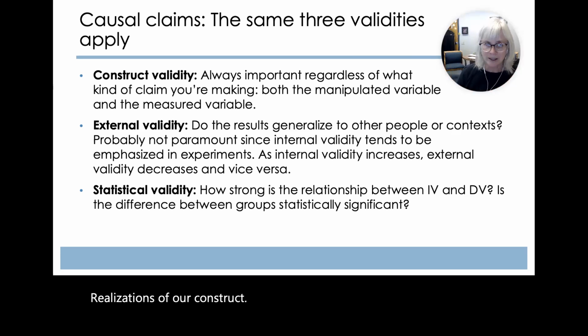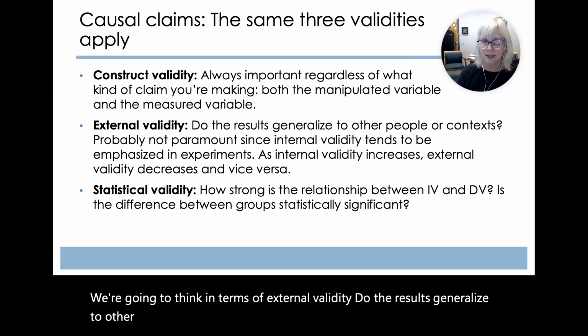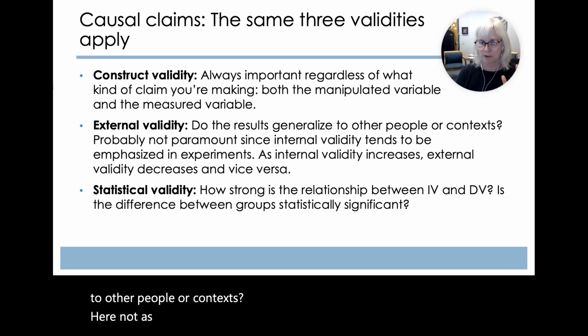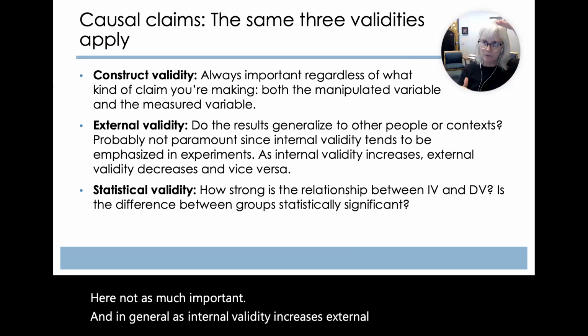We're going to think in terms of external validity: do the results generalize to other people or contexts? Here, not as important. And in general, as internal validity increases, external validity decreases, and vice versa.